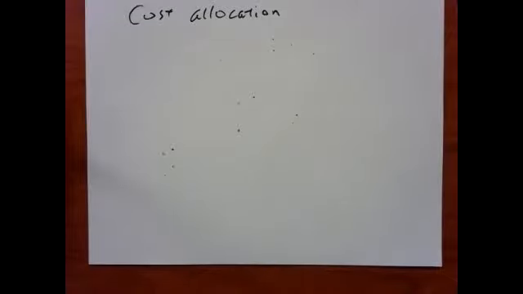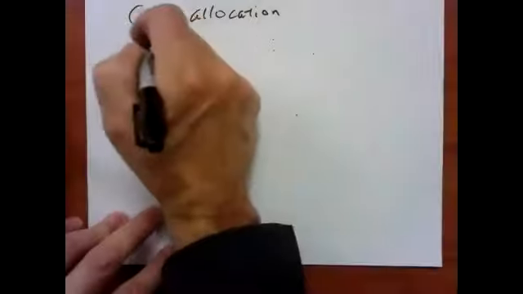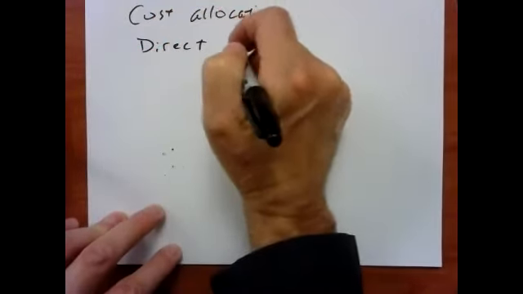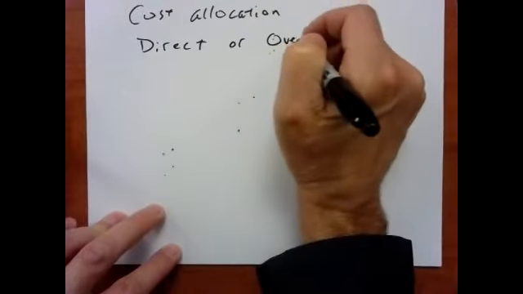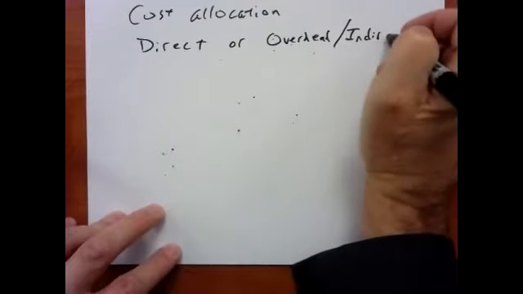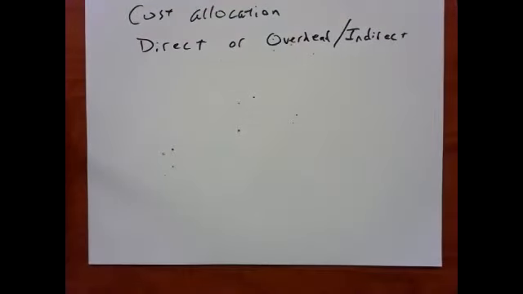The costs that we're dealing with, we're going to frame in this chapter as direct or overhead/indirect. You can use either of those phrases. You will hear them used interchangeably. They mean the same thing within this framework.